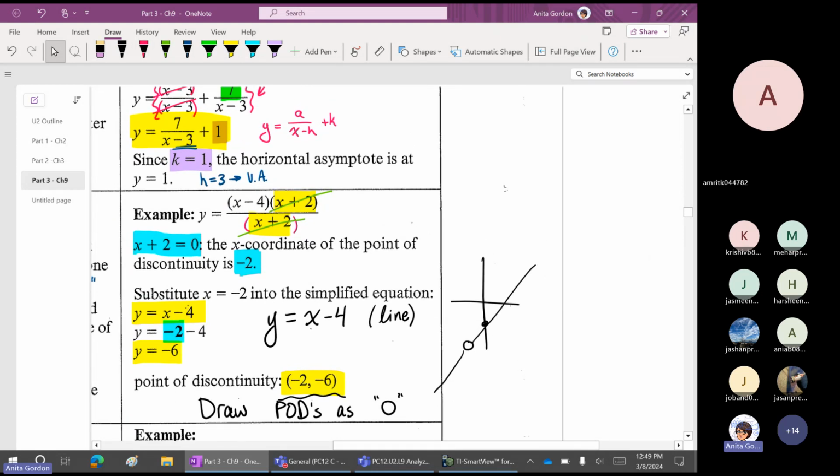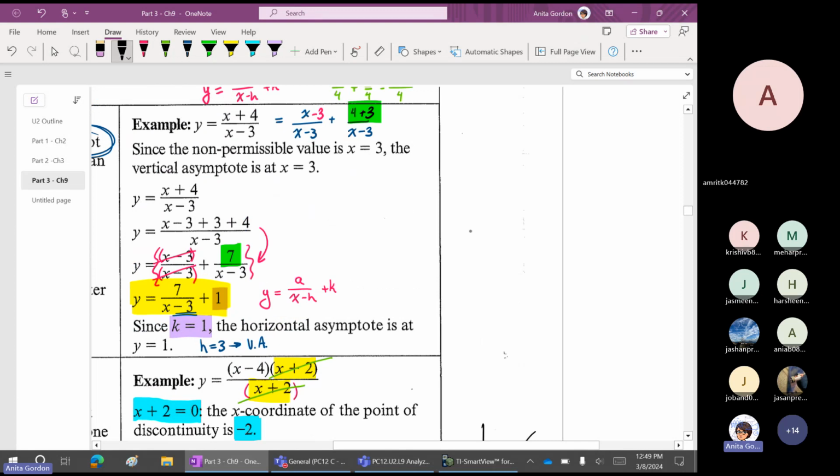If I were to sketch my first example here, here's my x and y axis. We said we had a vertical asymptote at positive 3. There it is. And we had a horizontal asymptote at y equals positive 1. There it is. So asymptotes are lines that we cannot cross and we cannot touch.